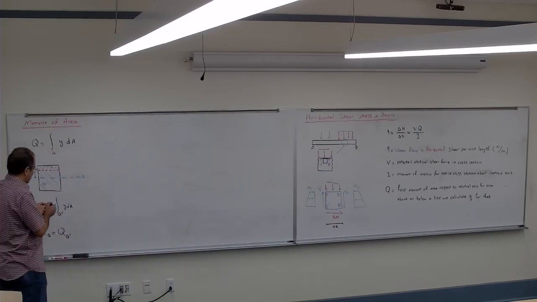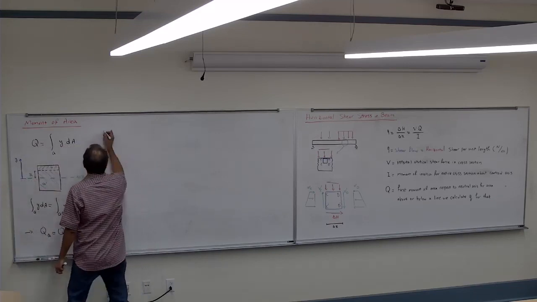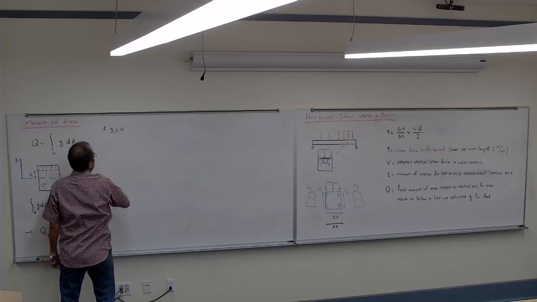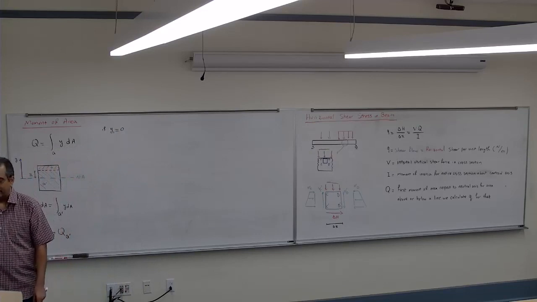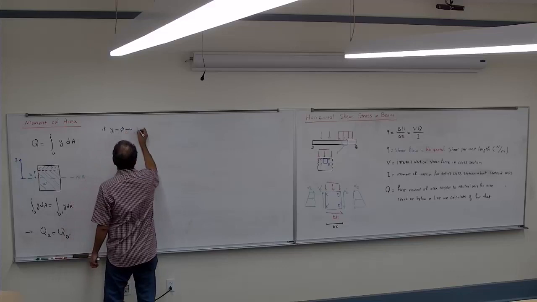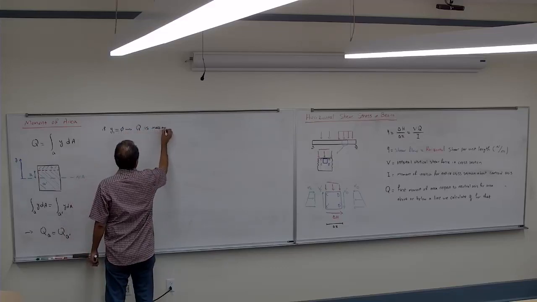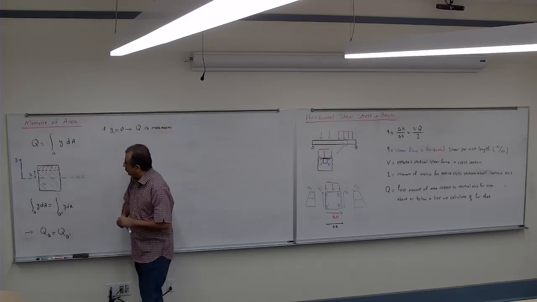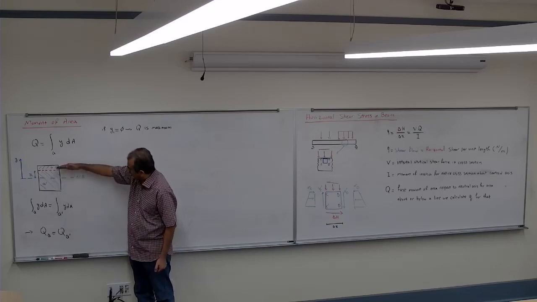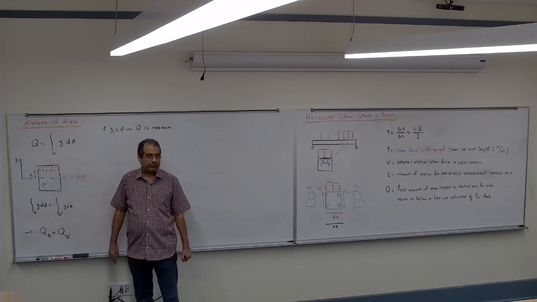Now, the point is that if y1 becomes 0, then Q is maximum. Q becomes maximum when the line or the surface I'm calculating the Q for is the neutral axis.